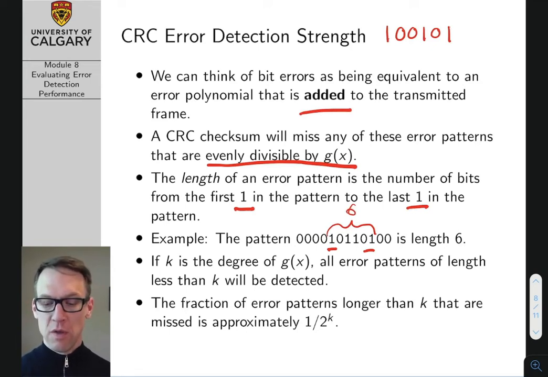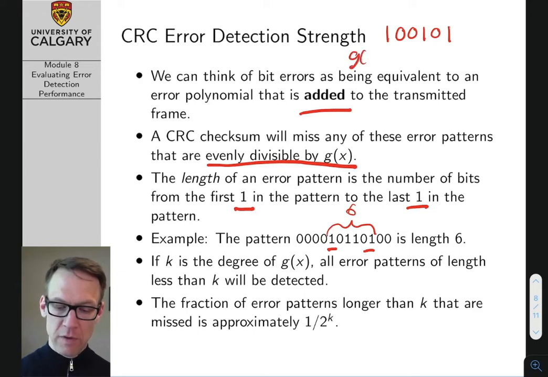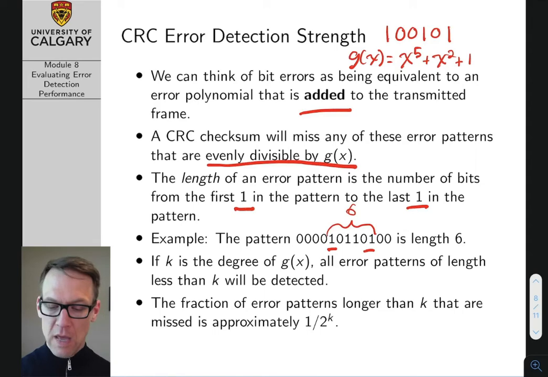And so no error pattern that is 5 bits or less can be evenly divided by the generator polynomial. The generator polynomial in this example is x to the 5 plus x squared plus 1. And so the degree is equal to 5.